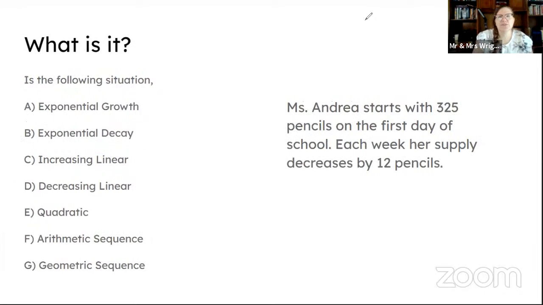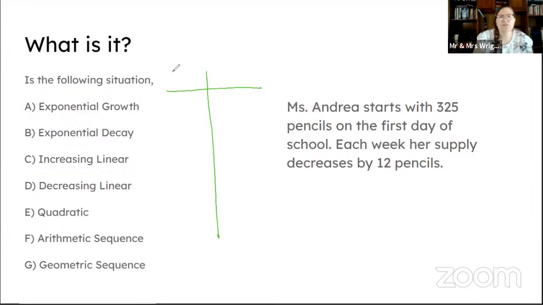Miss Andrea starts with 325 pencils on the first day of school. Each week, her supply decreases by 12 pencils. Okay, and I should have done this on the last one, but the easiest way to do this is to look at a chart, the input, the output. Day 1, 325 pencils. Day 2, decreases by 12 pencils. 325 minus 12 is 313. Day 3 is going to be 301.